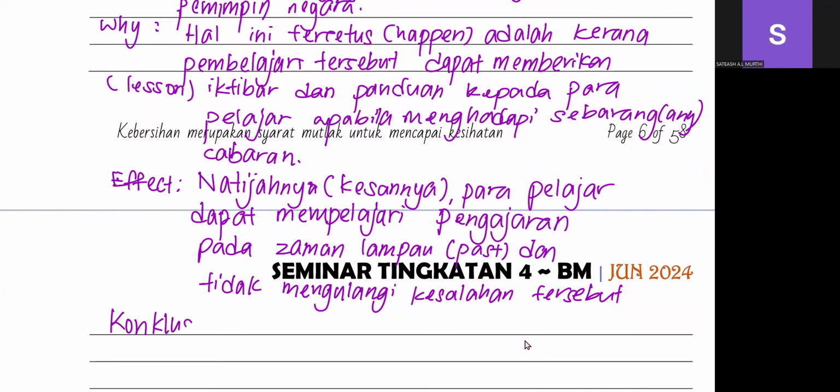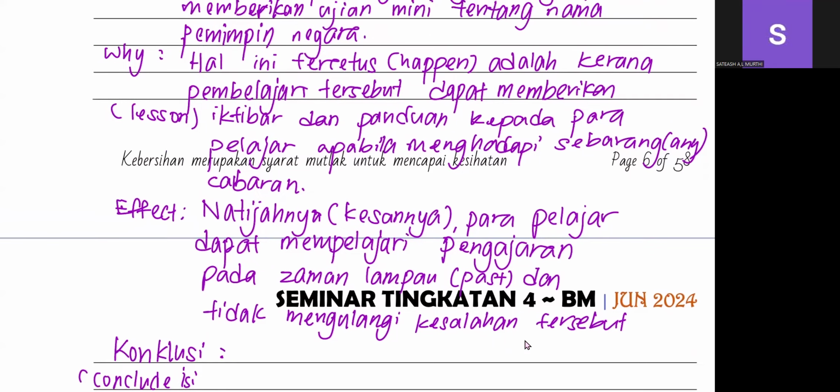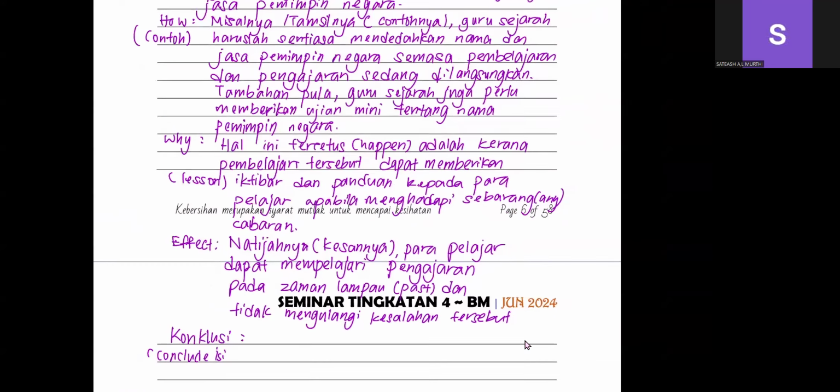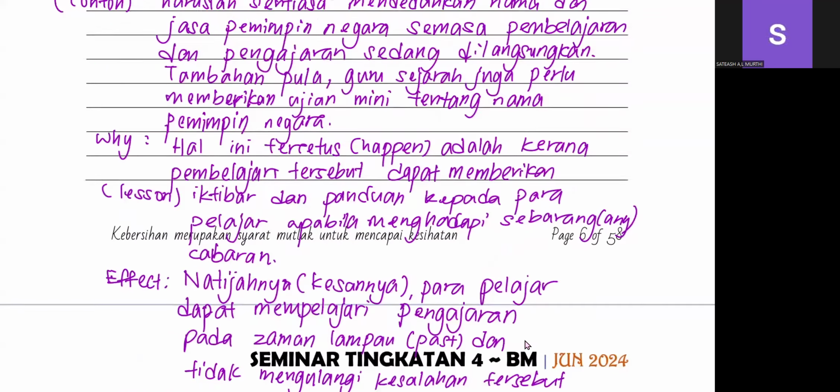Okay, konklusi, you need to conclude for your EC. But you cannot direct copy from EC. They must be same meaning, but different words. For example, your EC is what? Focus on subject sejarah.